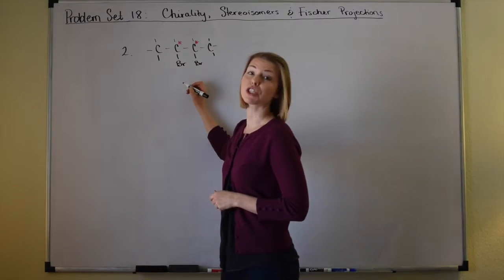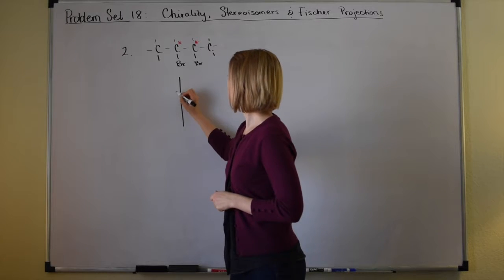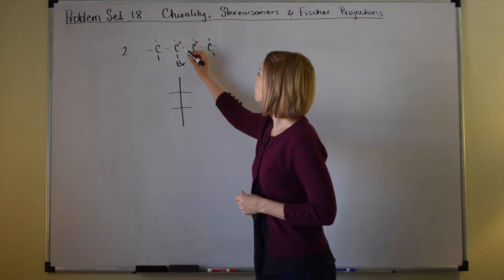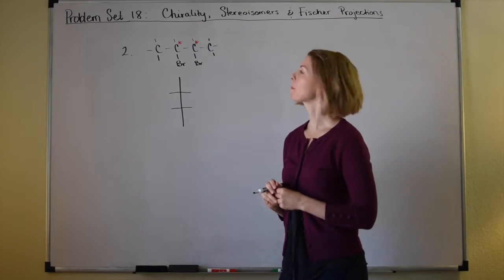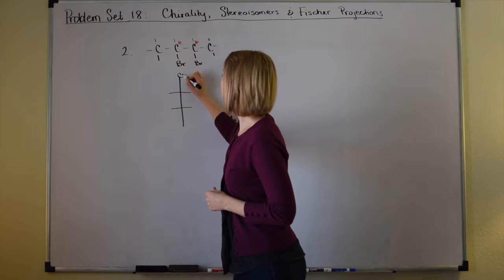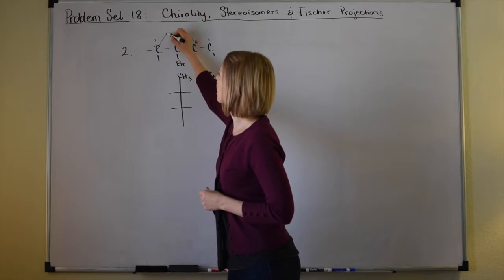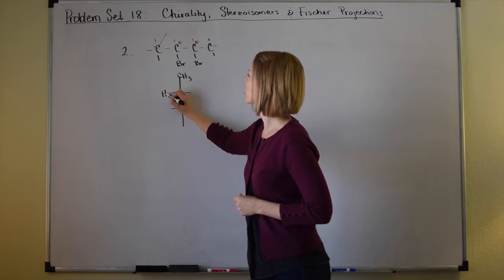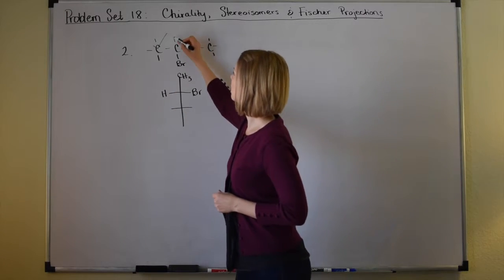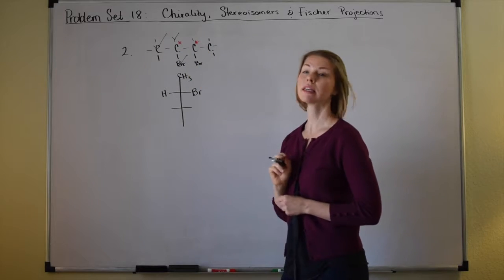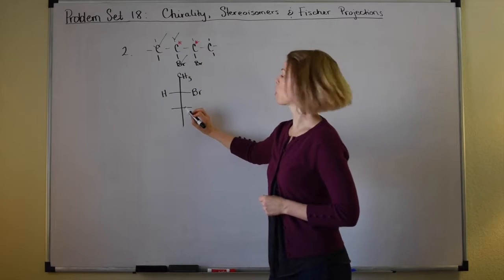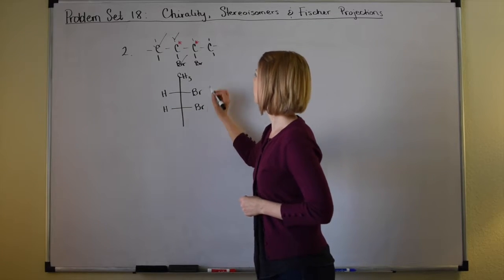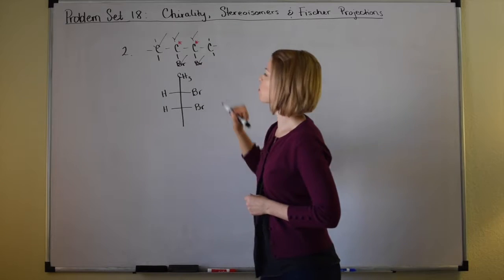So when I draw my Fischer projection this time, I'm going to have 2 crosses, 1 for each chiral carbon. So we'll put a CH3 at the top for this guy, and then we have our chiral carbon here with an H and a bromine, followed by another chiral carbon with a hydrogen and a bromine.